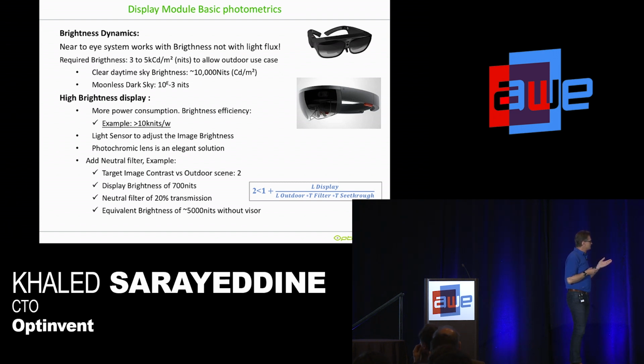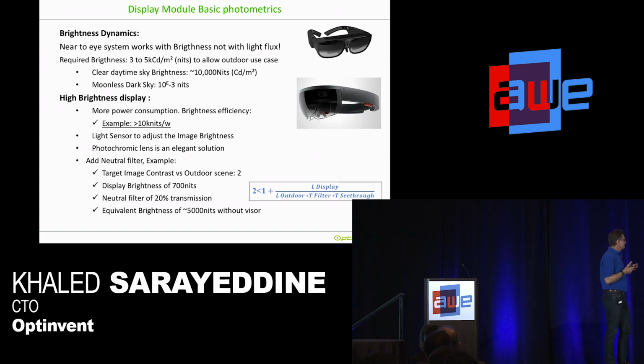Here is an example. If you'd like to use a display outside, you need a target for the brightness of the image over the brightness of the outdoor of only 2, and the display brightness of 700.